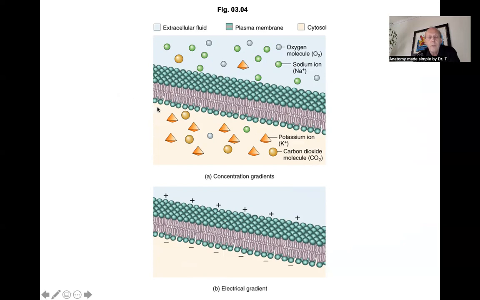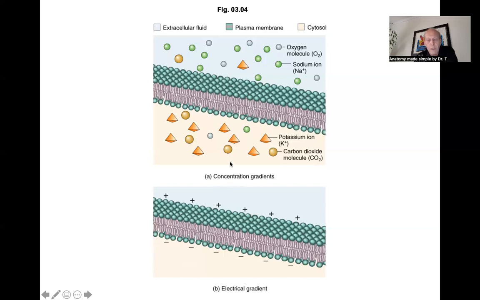Although the cellular membrane is exposed to 2 different water-filled environments, this light blue color is for extracellular, light beige is the intracellular fluid compartment or cytosol. The same applies to the lower diagram. So we're talking about 2 different gradients that the cellular membrane must maintain.